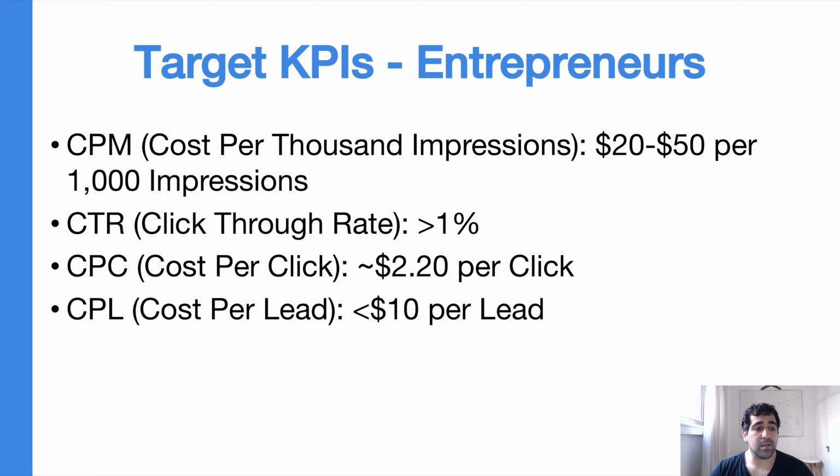Then cost per lead, below $10 per lead. That's what I like to pay. I know some people who define this as $6 per lead with the same audience. And also I know some people who have paid on very large campaigns $20 per lead.